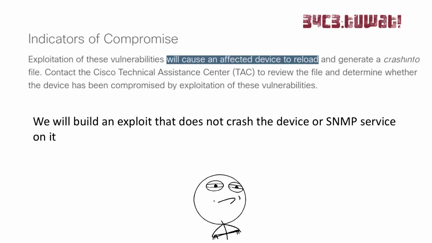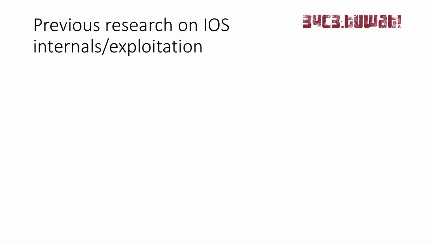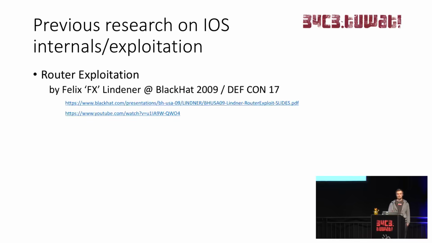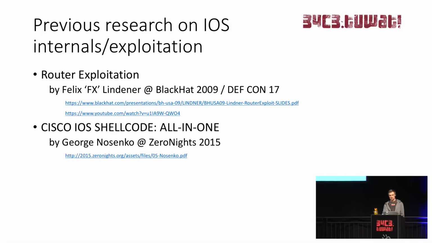Before we dive deeper into the firmware, I want to reference previous research on this matter. This is by no means a complete list, but these researches actually helped me a lot and seem interesting and very insightful to me. You should definitely check them out.